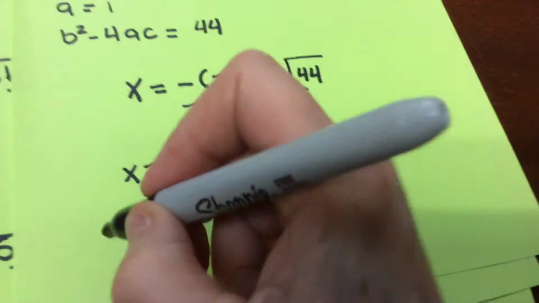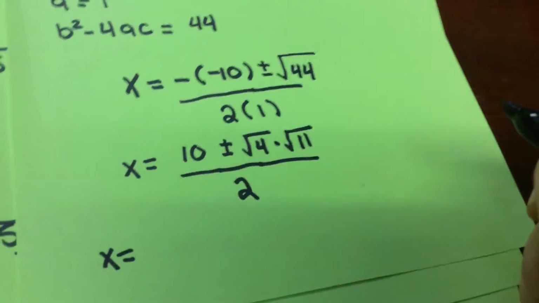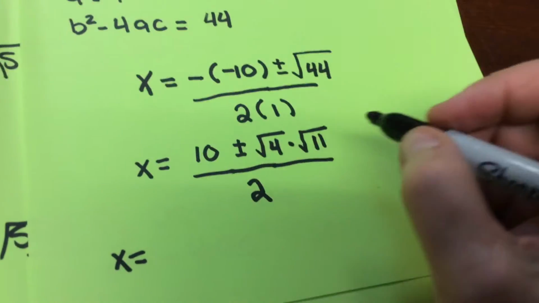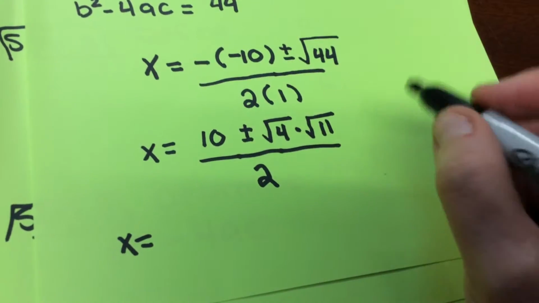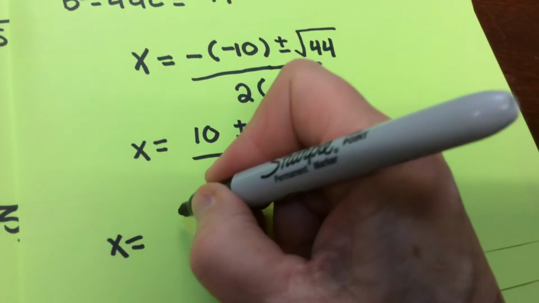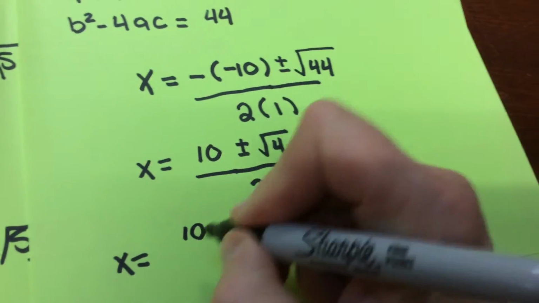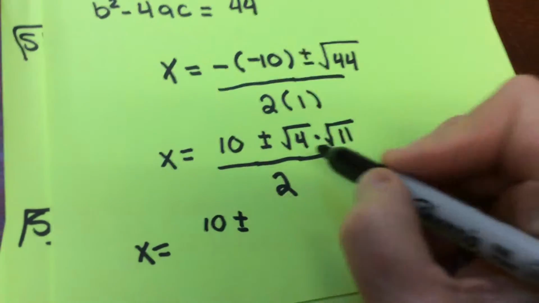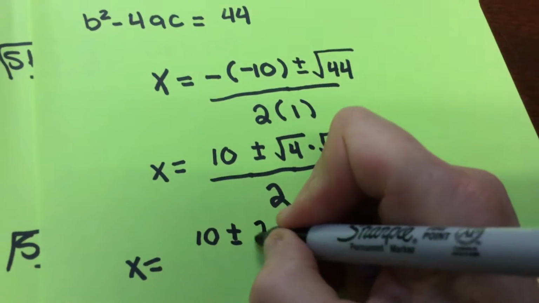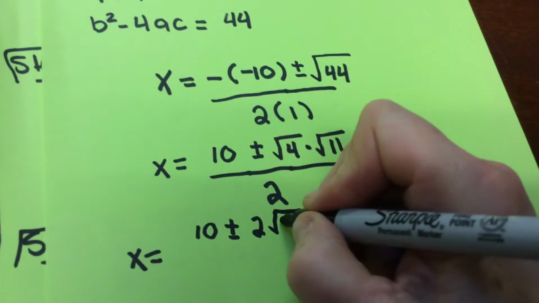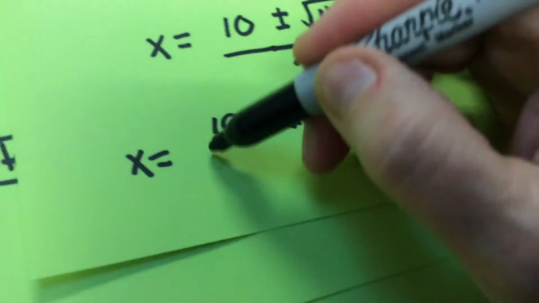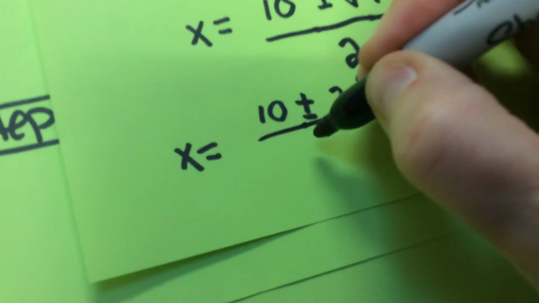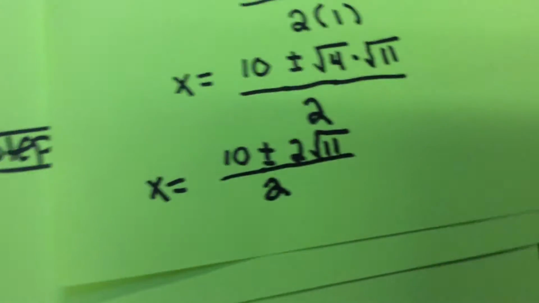So we are going to go ahead and say that x is equal to, we have to break it up into our form. Let's see, so we have 10, plus or minus, the square root of 4 is 2, root 11, and all of this is divided by 2. Okay?